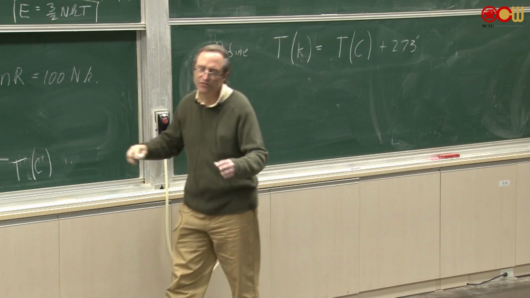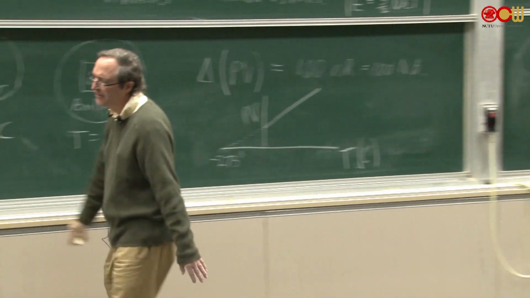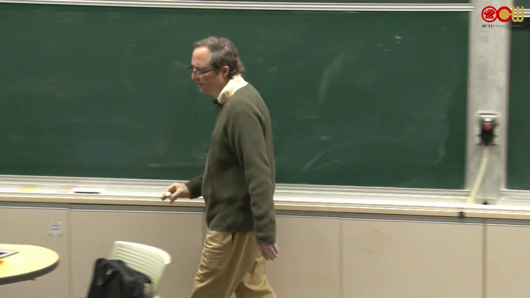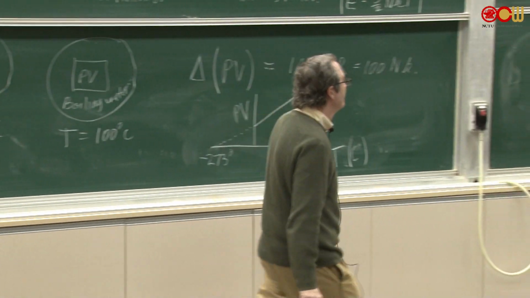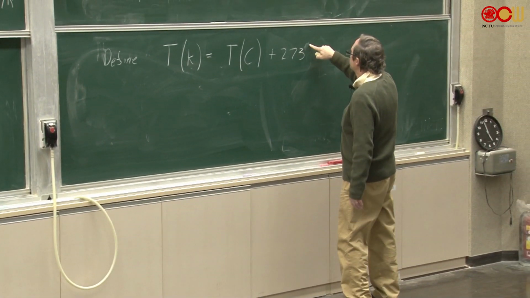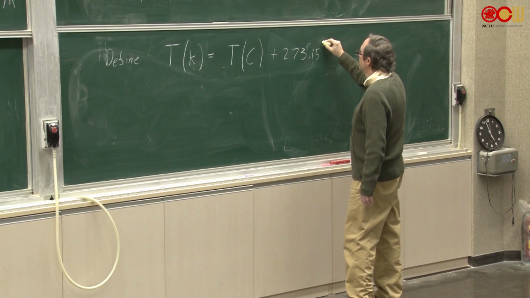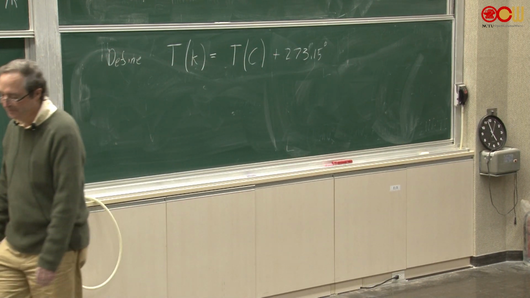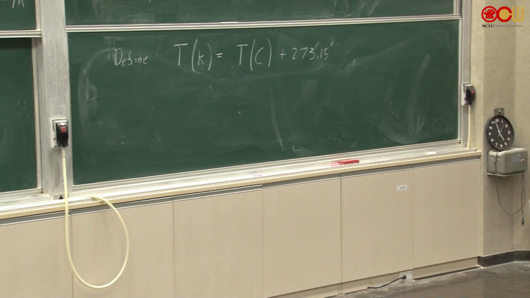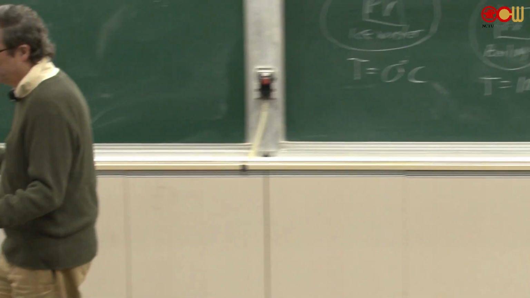It's actually 273.15. I think that's what it is. Yeah, 273.15. All right, so that's how we define the Kelvin scale. All right, and that's what's universally used.